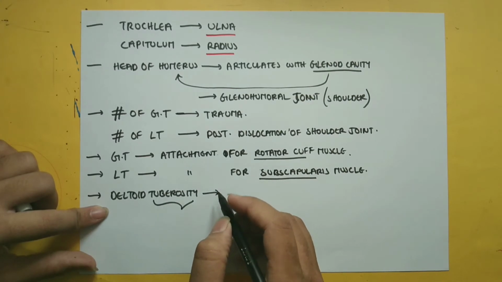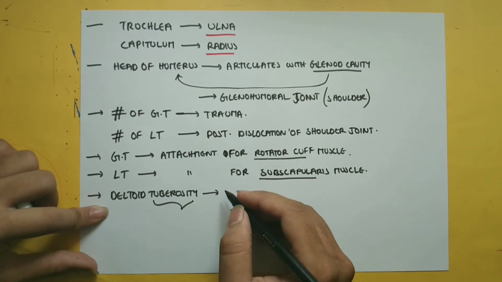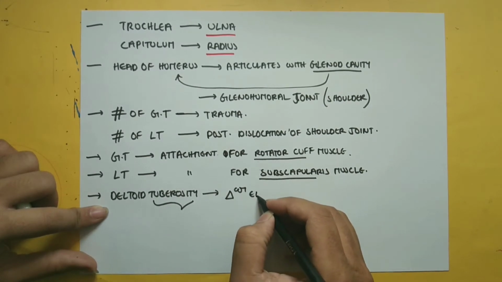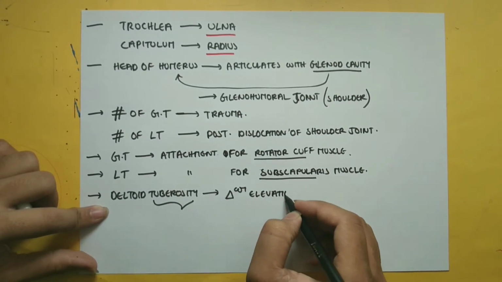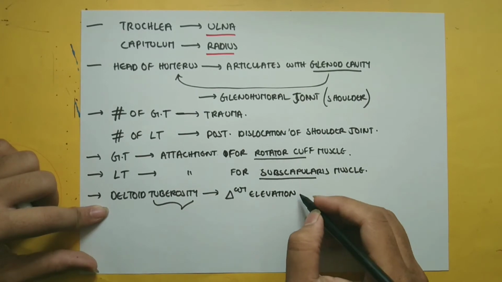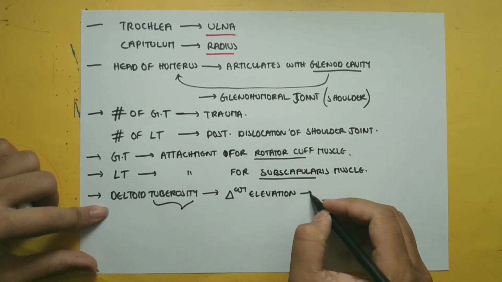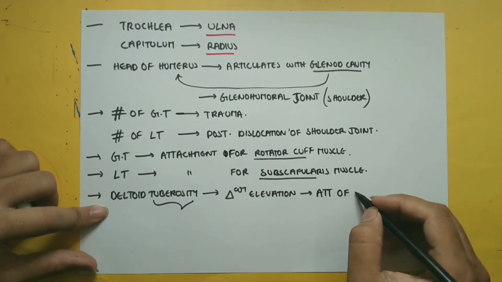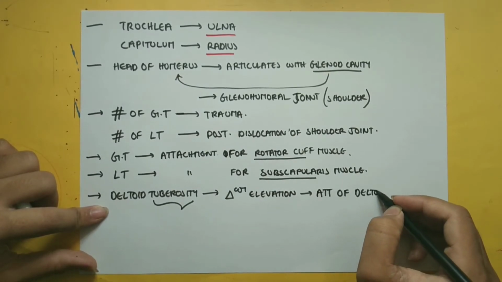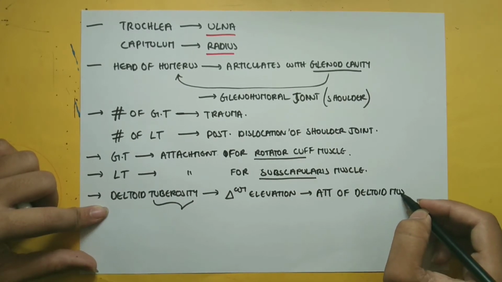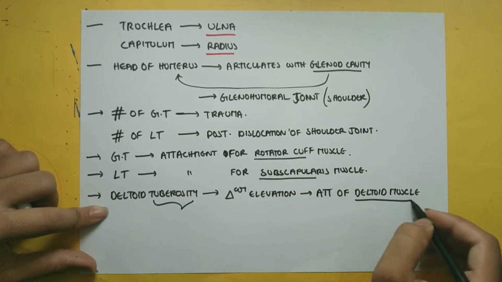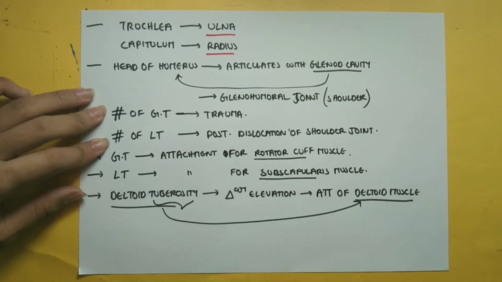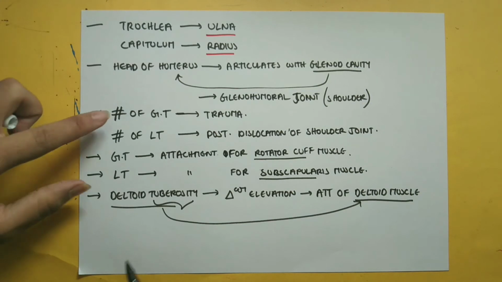So now about the deltoid tuberosity, it's the rough triangular elevation on lateral side of the shaft for the attachment of deltoid muscle. Deltoid tuberosity for the deltoid muscle. So what is a spiral groove?